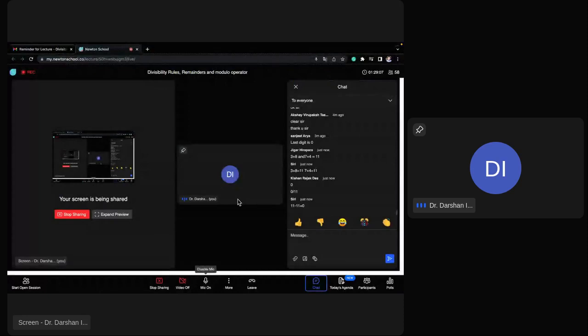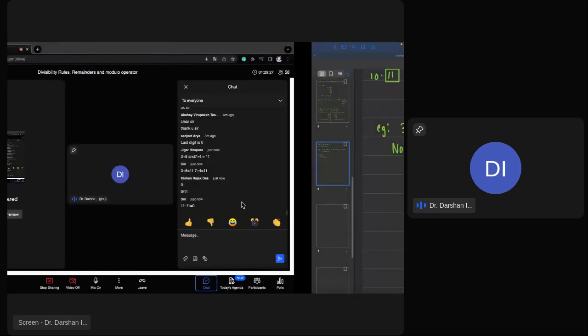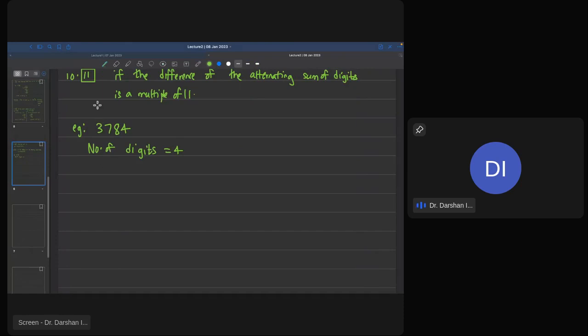Very good. 3 plus 8, 11. 7 plus 4, 11. So this is one alternating pair.